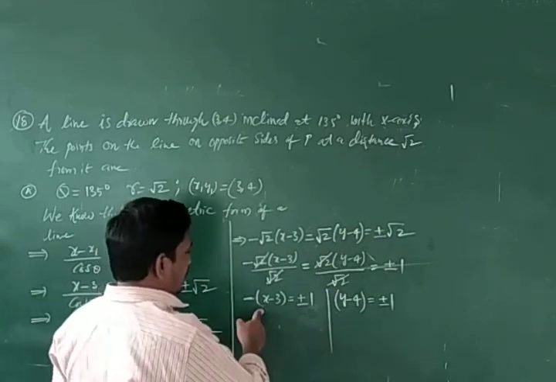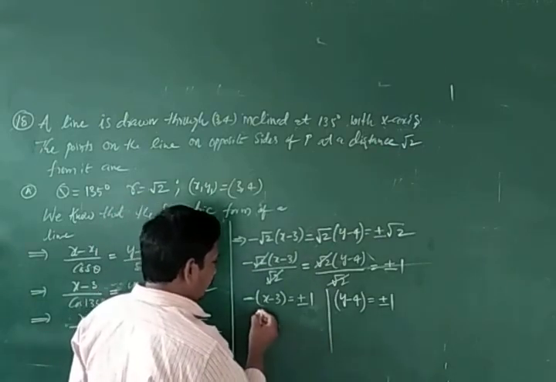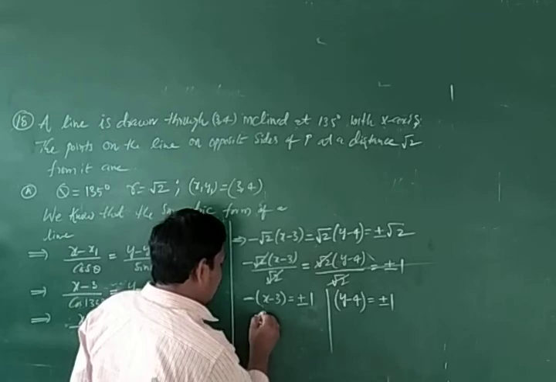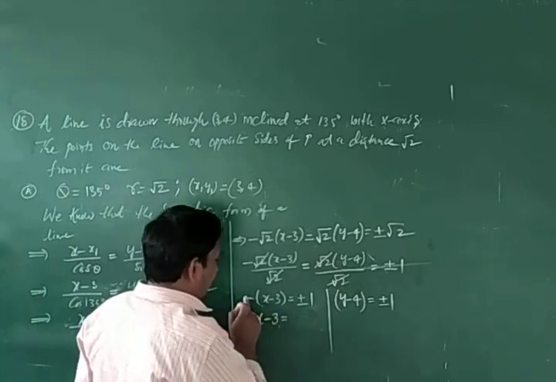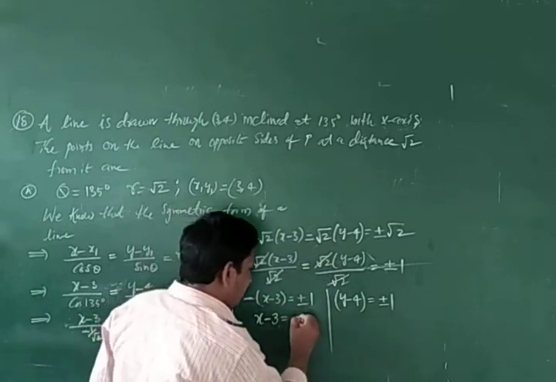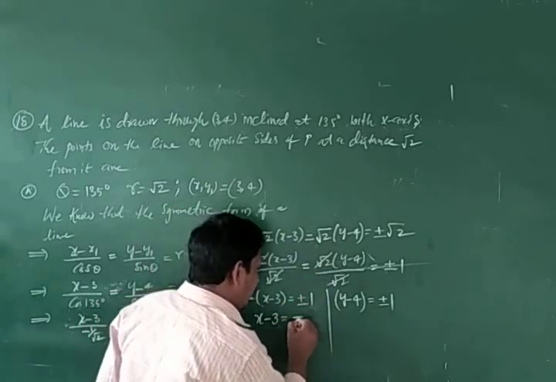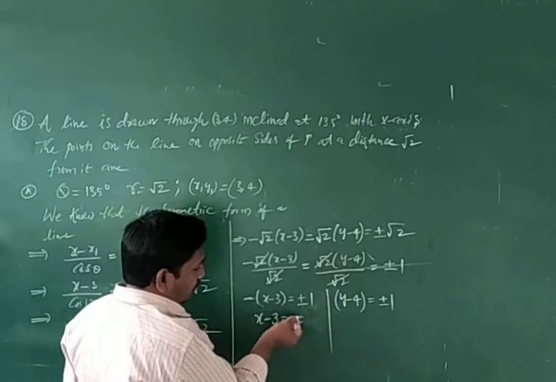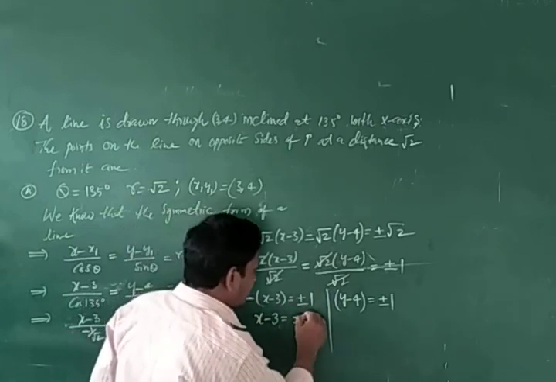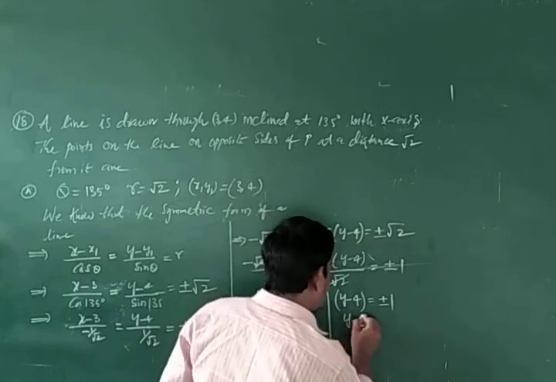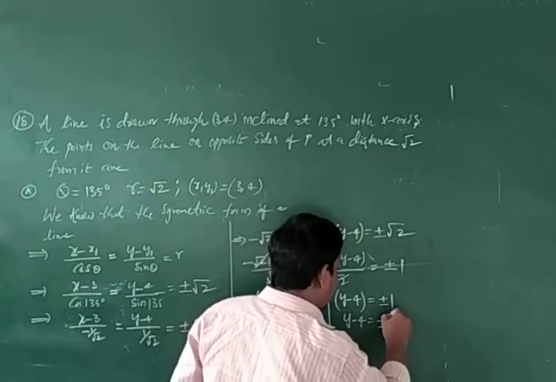So x minus 3 equal to minus into plus or minus, that is, minus or plus, not plus or minus. Why? Because minus into plus is minus, and minus into minus is plus. Here the same: y minus 4 equal to plus or minus 1.